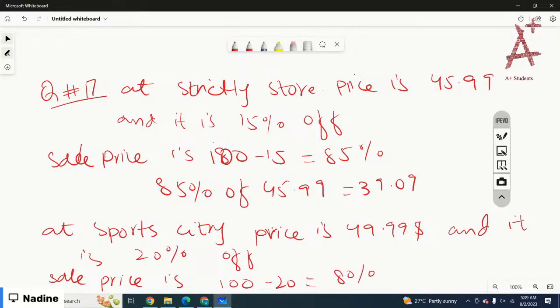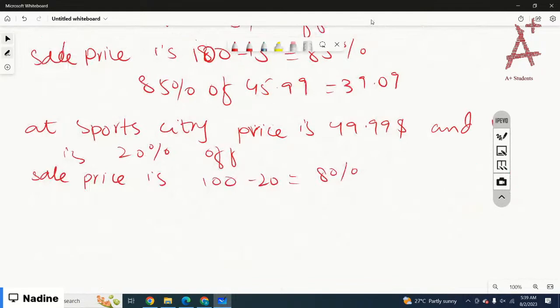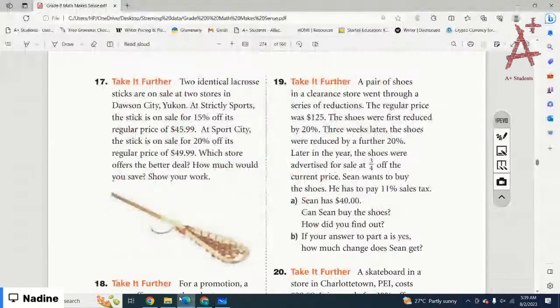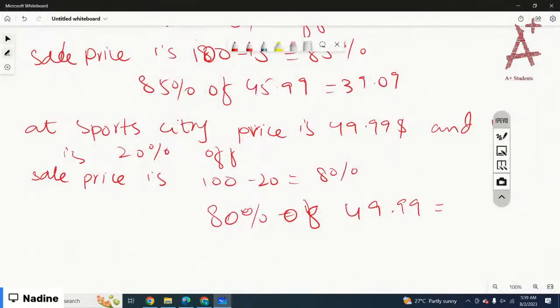That means you have to pay 80% of the original cost, right? Just calculate 80% of the original cost. It is 80% of 49.99. Okay, just calculate. It is 39.99, right?